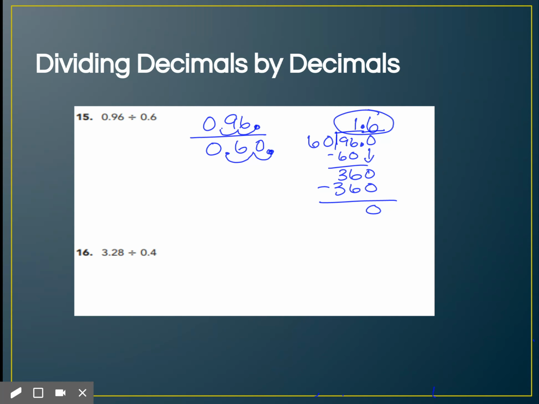Please give number 16 a try while paused. Come back and check your work.